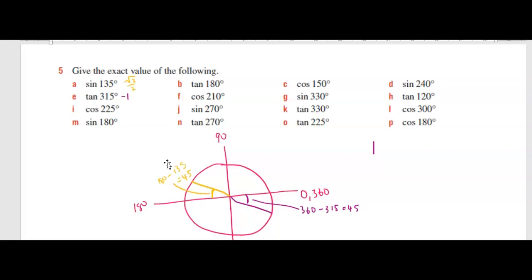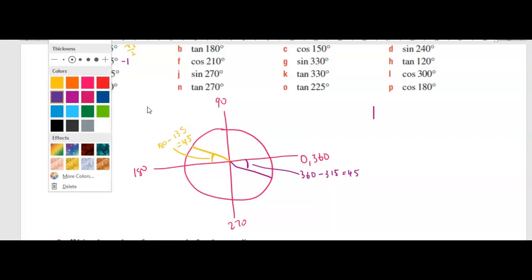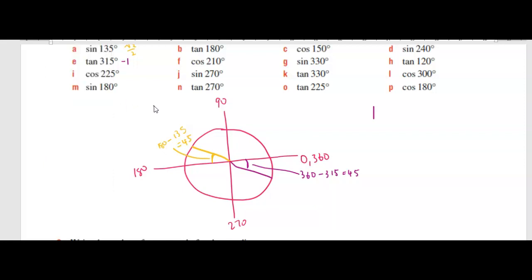All right, I might do just this first column. So let's do cos of 225. So 225 is in your third quadrant. And remember, we go from the horizontal, so that angle in there is going to be 225 minus 180.